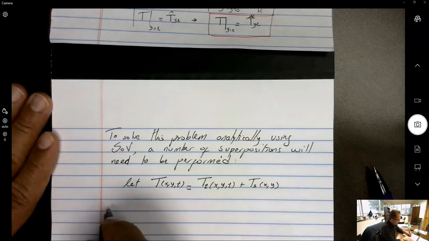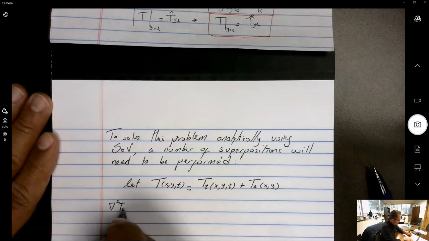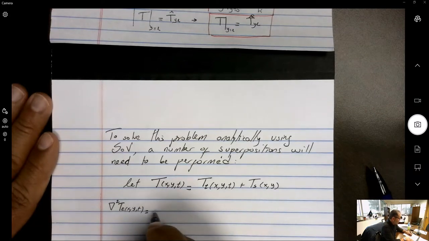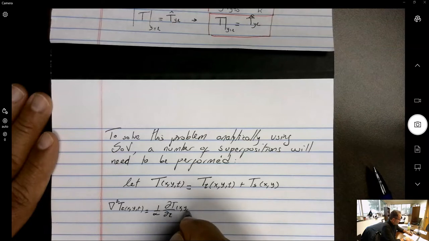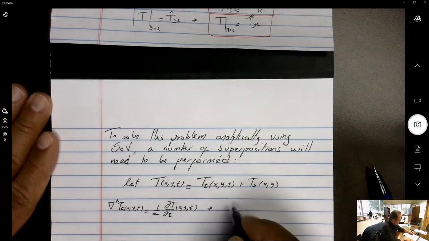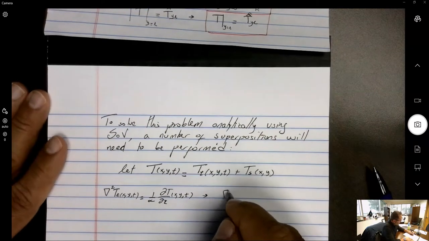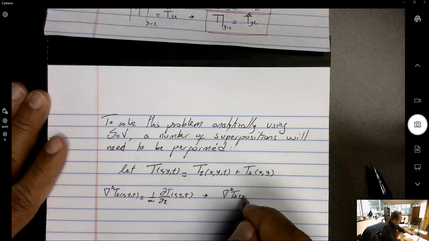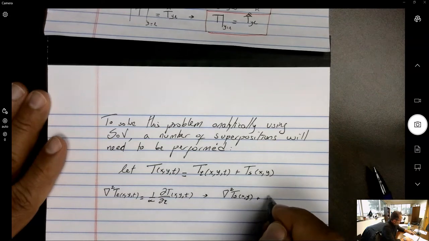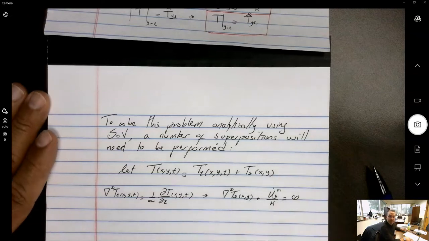So basically this will make the Laplace of T_t of x, y, and t equal to 1 over alpha dT/dt of x, y, and t. And that would mean that the Laplace of T steady plus u_g triple prime over k will be equal to 0.